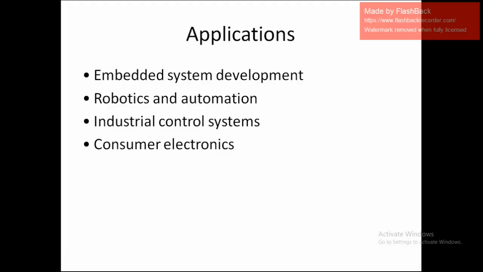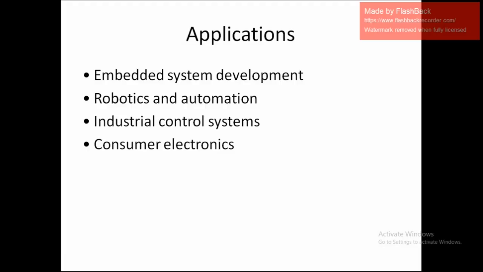Embedded systems find a lot of applications in consumer electronics, then automobile industry, industrial automation, then medical devices. If you see consumer electronics, most of the televisions of these days happen to be smart TVs, in smartphones, digital cameras.